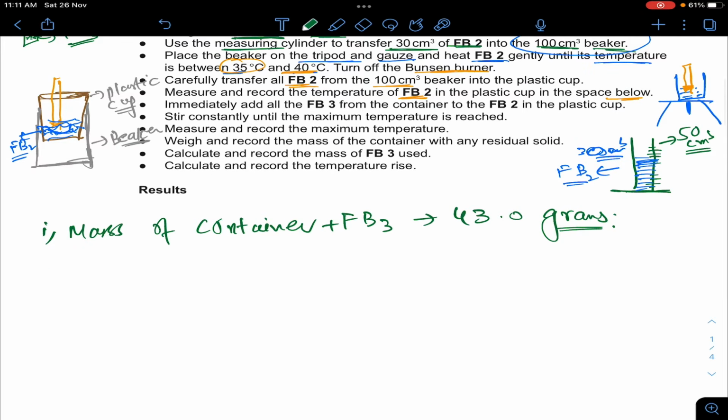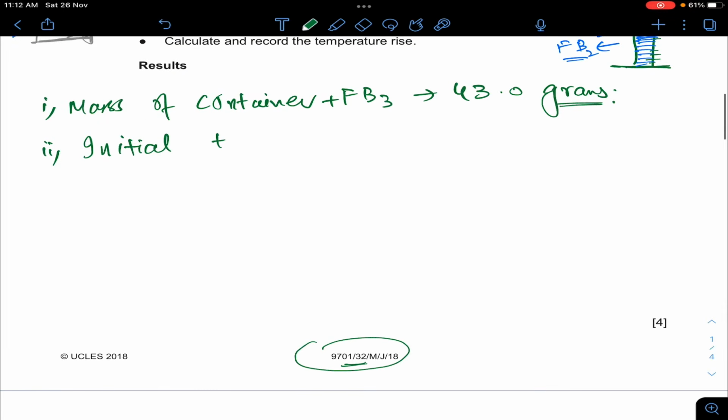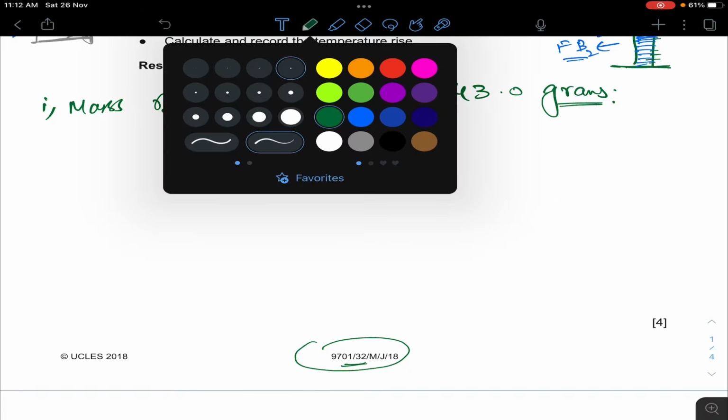So let's write the temperature readings separately.